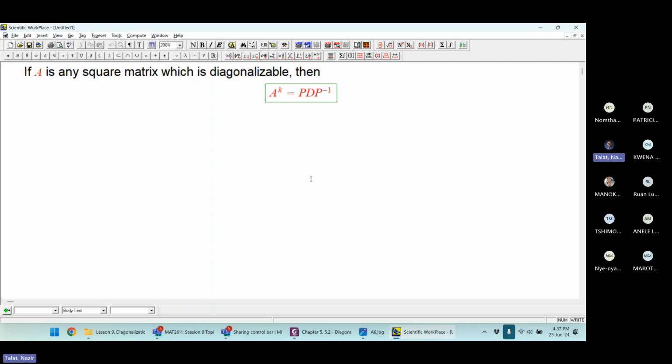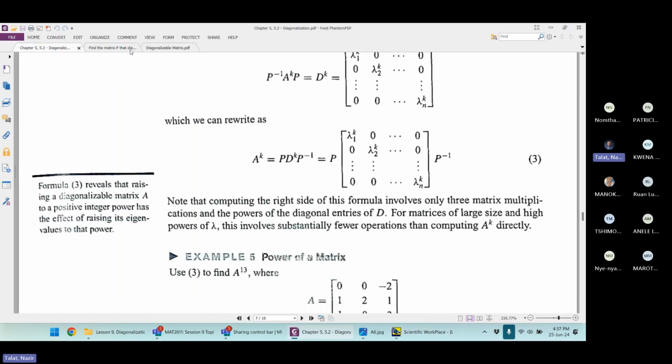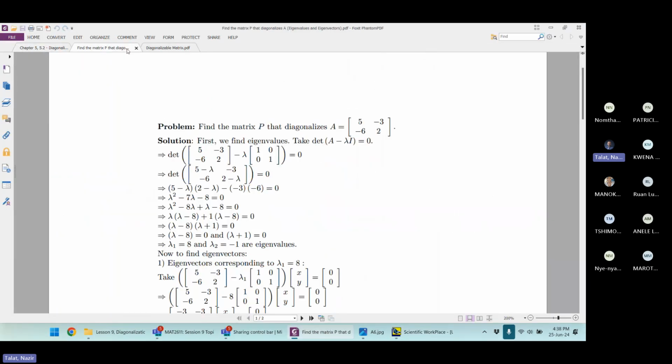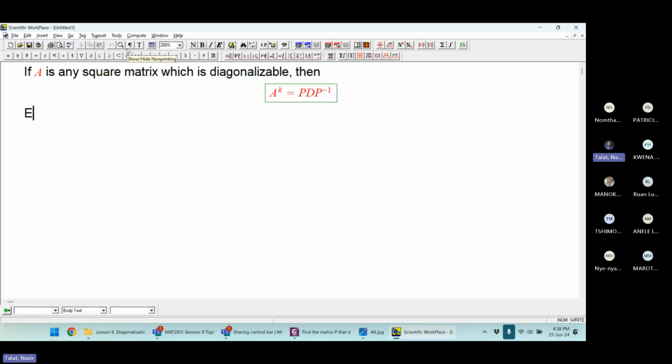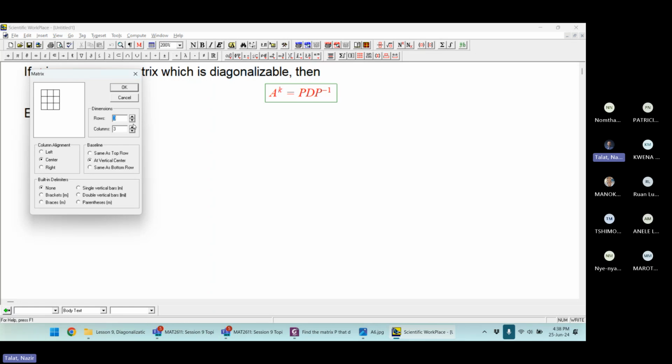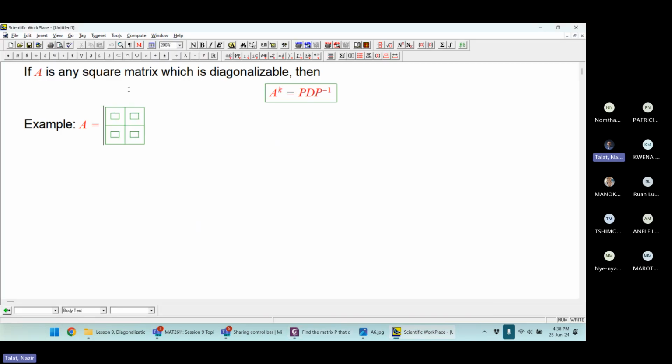Now remember that we have already seen this example. Here we have a matrix A, which is a 2 cross 2 matrix, and suppose the entries of matrix A are 5, minus 3, minus 6 and 2.